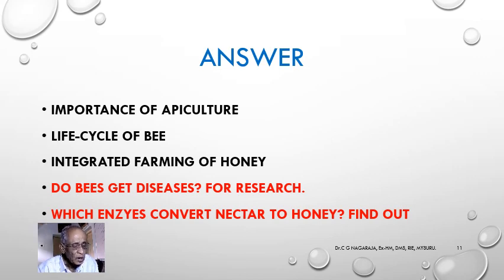If you want to separate the genes from the Apis indica honeybee and find out its genome, can you apply it for any other medical purposes? Can you produce any molecules, either in the form of a drink or in the form of, say, tablets? All this you can find out by studying this.